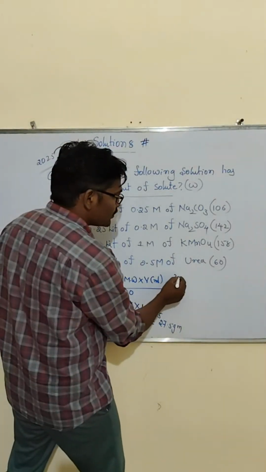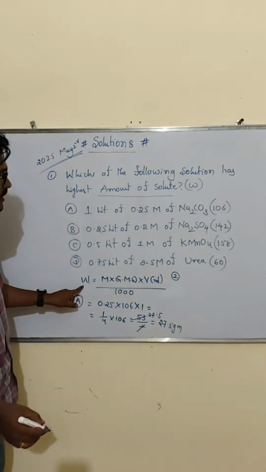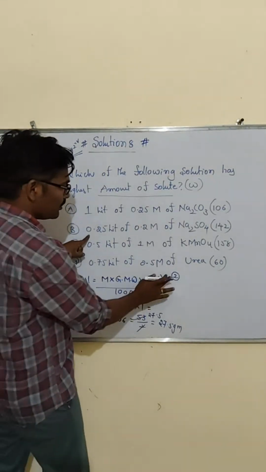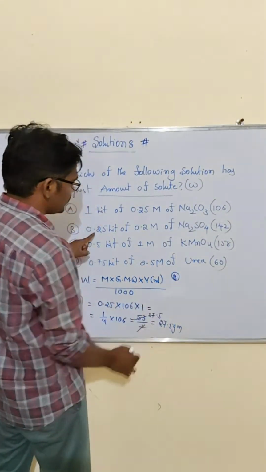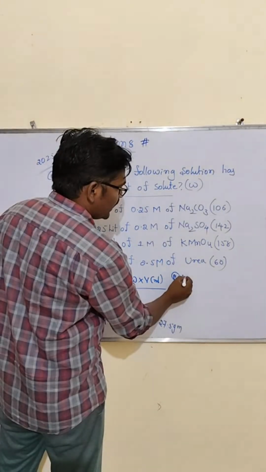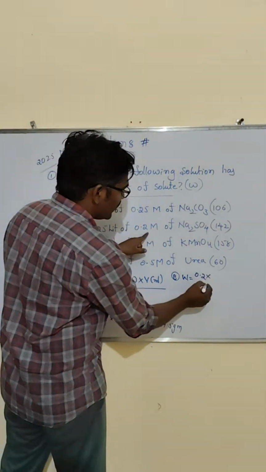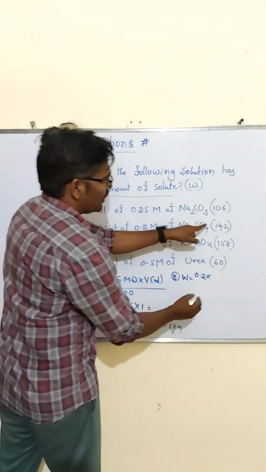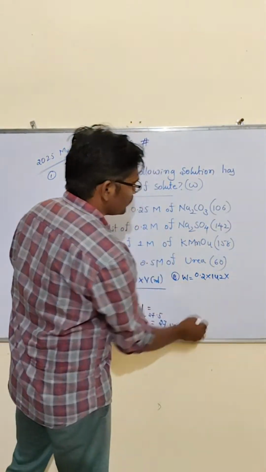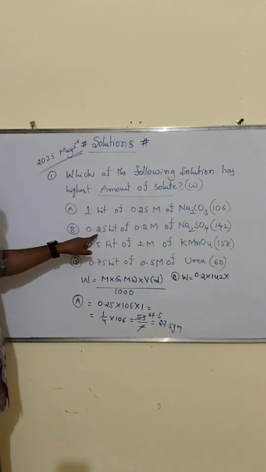Then look at the second option. How to find out? By using the same formula. Look at option B: weight equals molarity, which is 0.2, into molecular weight 142, into volume.